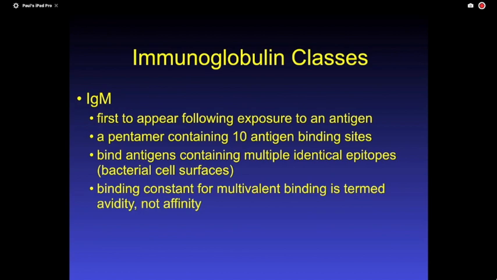Okay, IgG, IgM, yes? So since this has 10 antigen binding sites, does that mean it's polyclonal, or is that something different? No, it is not polyclonal. Effectively it's monoclonal. It's only going to bind to one spot, but you got 10 places. Polyclonal means that an antigen would have to have at least two different IgGs binding to it in different spots.